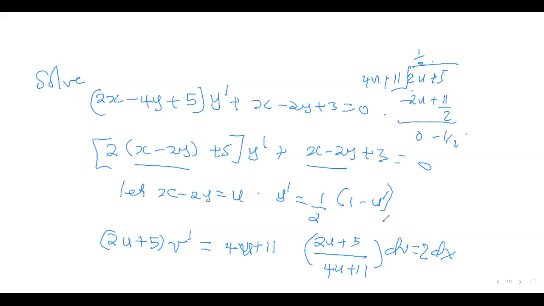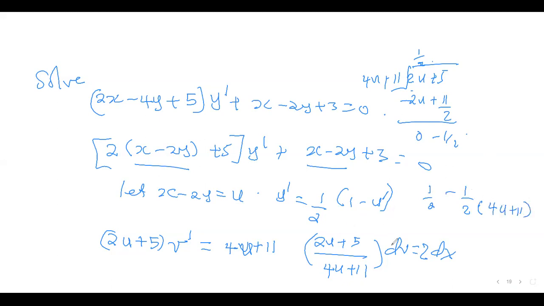And that's why you end up with something like a half minus a half of 4u plus 11.